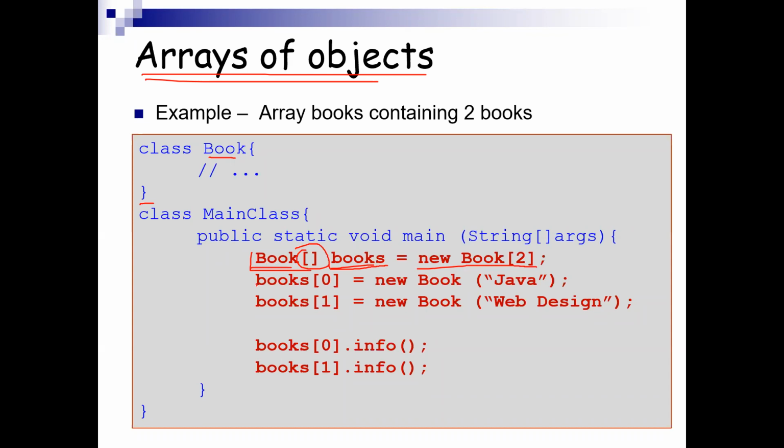Book type. So then each object can have initial values. So what does it mean? It means in this class here, we have a constructor which takes one parameter, and that is the name of the book. So you can think of having another one like Book here, which takes a string, the name of the book, okay?